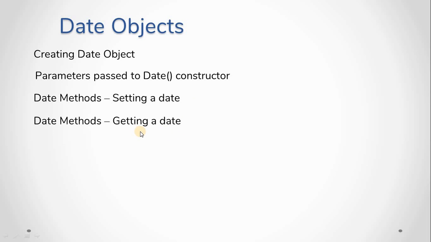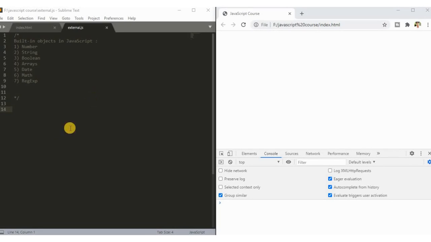We'll get some date according to our needs with the help of the get date methods in JavaScript. So this is basically an overview of this video. We'll learn all of these four concepts related to date objects. So now guys, let's start doing the stuff in JavaScript.